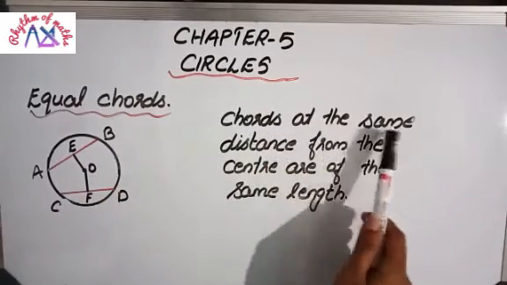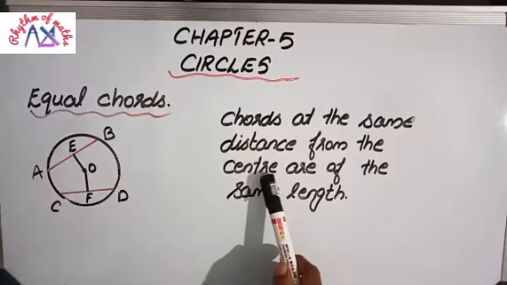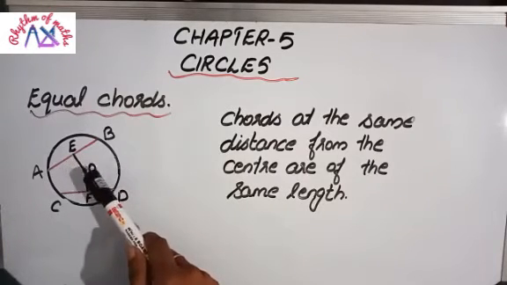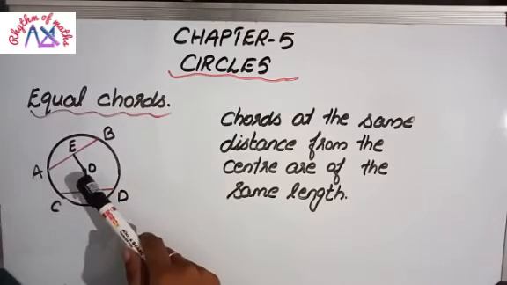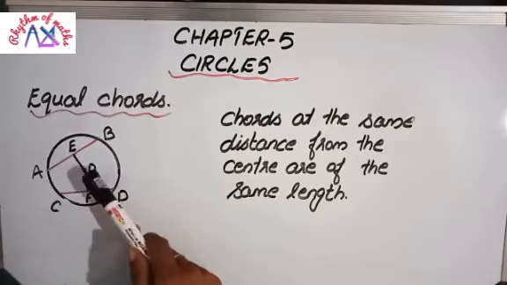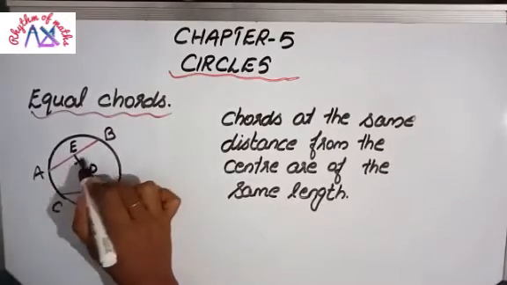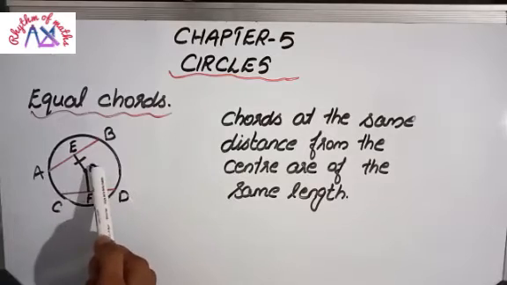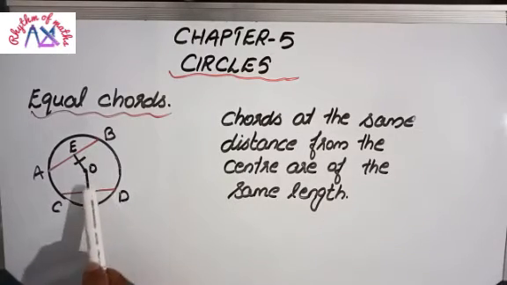So here, chords at the same distance from the center. That means from the center O to the first chord AB, the distance is OE. Then the distance from the center to the second chord CD is OF.